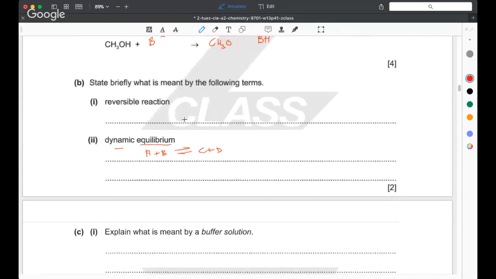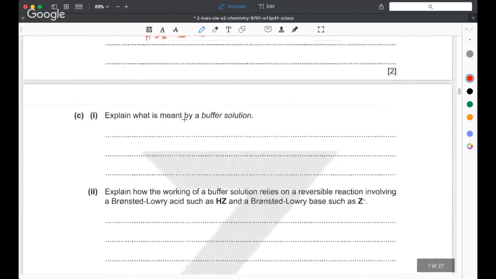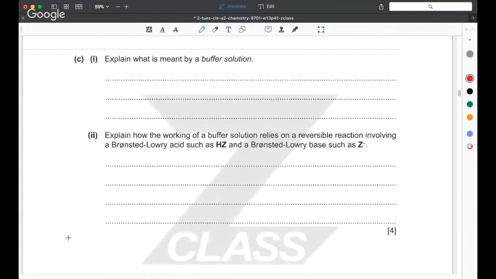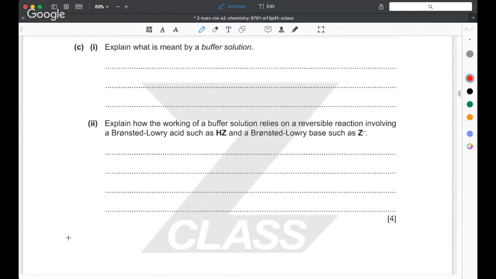Okay, again, we're going to rattle through this buffer solution. You can look that up, just to understand what that means. And then this part 2 down here, again, the examiner said that students answered this quite badly.